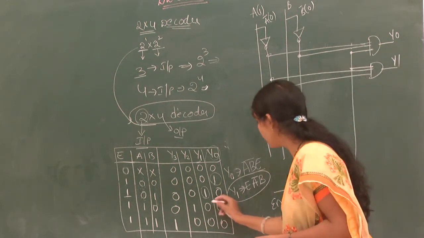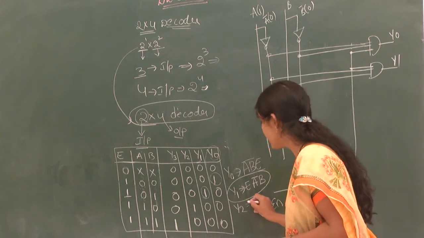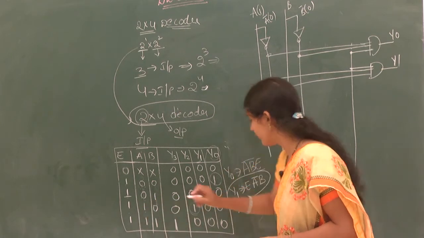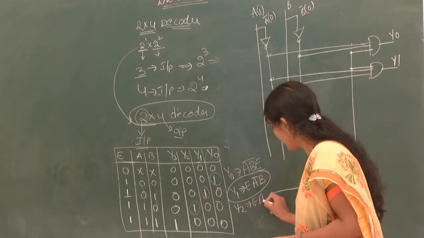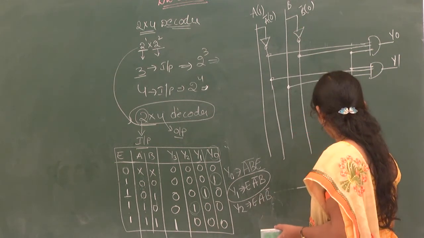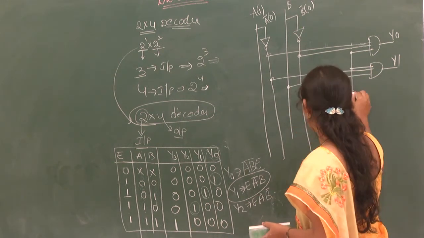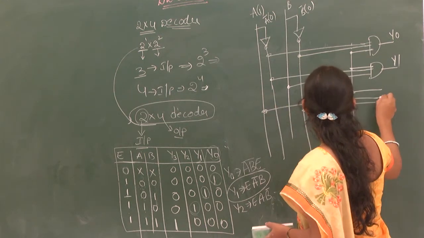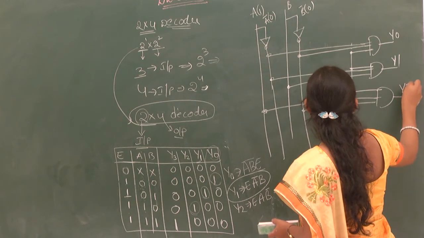Similarly, Y2 will be high when E, A and B bar. E, A and B bar will be given to AND gate, you will get Y2.